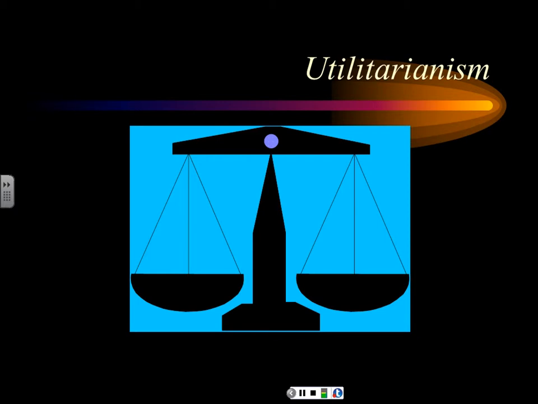But the reason it's on the utilitarianism PowerPoint is that it furnishes a good metaphor for what this moral theory tries to recommend as basically a decision procedure for figuring out what to do. And that's that we should basically weigh consequences, and on balance, choose the side with the best consequences.